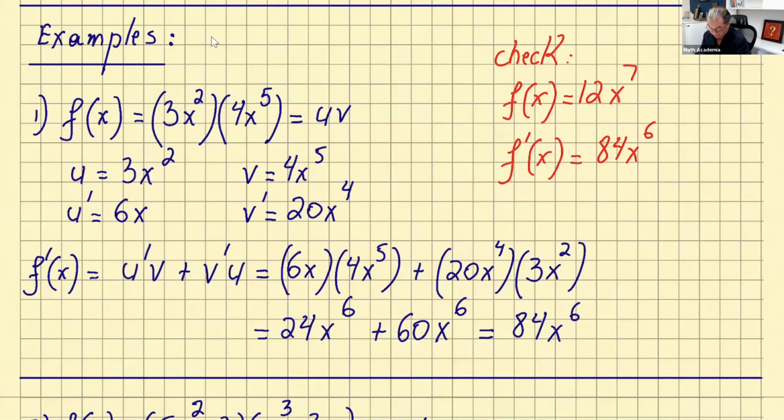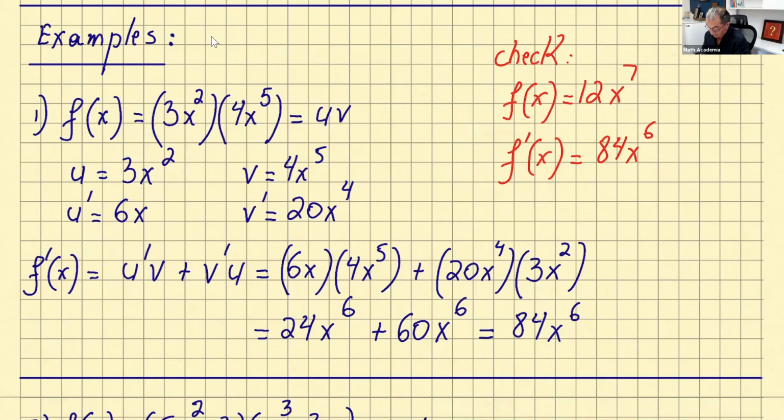F prime of x is u prime times v, u prime is 6x from here, times v, which is 4x to the 5th power, plus v prime is 20x to the 4th power, times u, which is 3x squared.